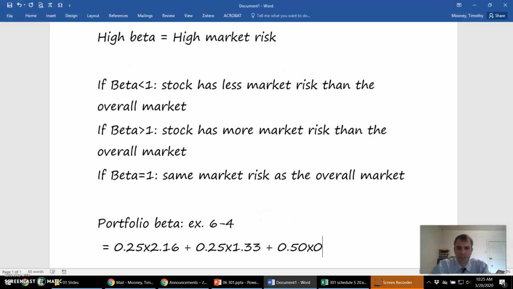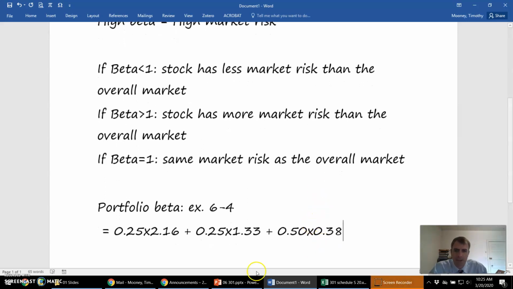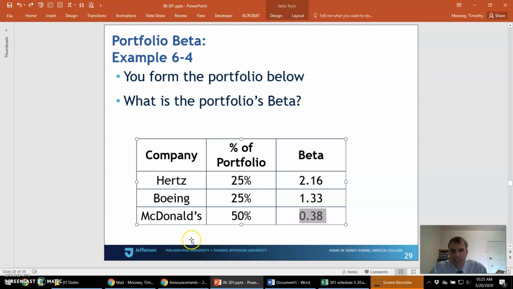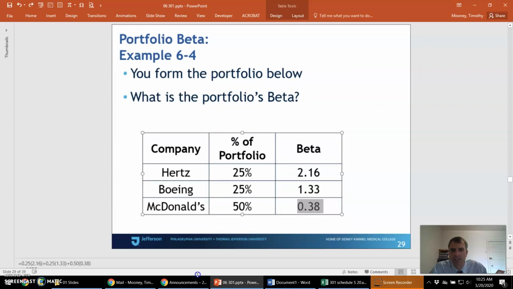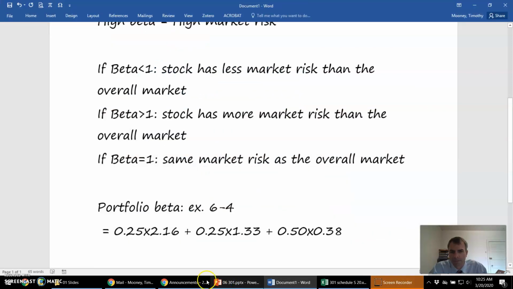So a portfolio's beta is just a weighted average of the individual stock betas. I'll let you work out this math on your own if you like. The solution is down here in the notes section of the PowerPoint if you drag this up. But let's be ready to compute a portfolio's beta when we're evaluated on this.